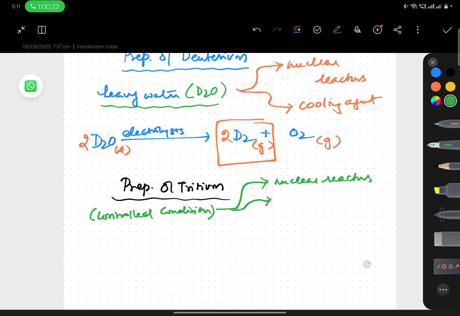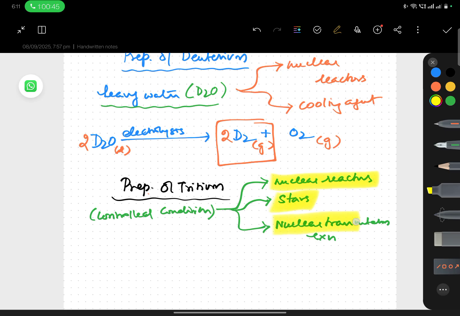Or you can see the preparation of tritium in stars. Extraterrestrial bodies will have this. This is done by a reaction called nuclear transmutation. Make a note, ma. Either it can happen in a nuclear reactor, or in stars, or by this reaction called nuclear transmutation.